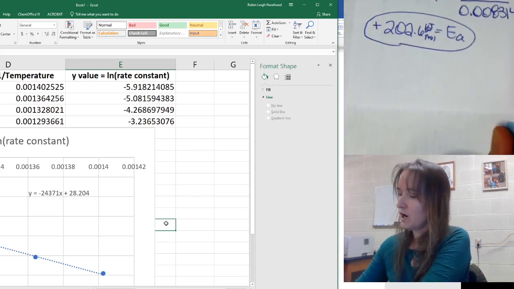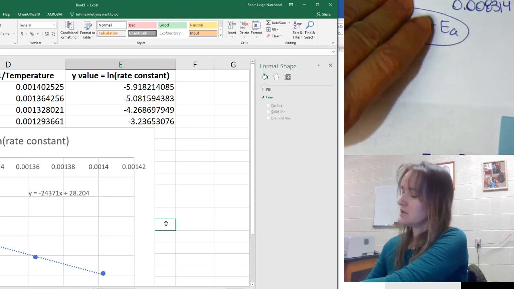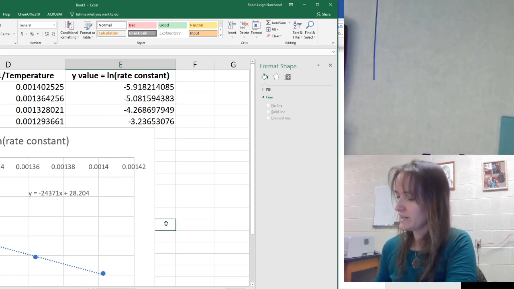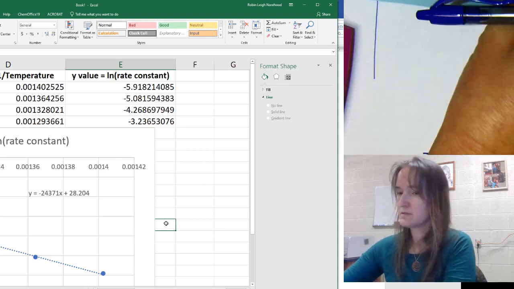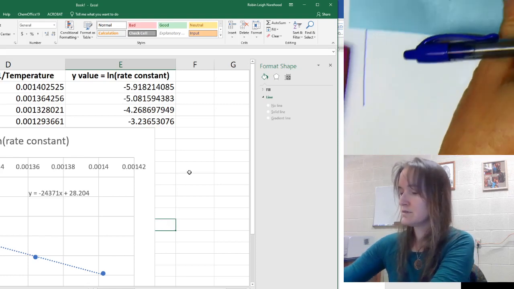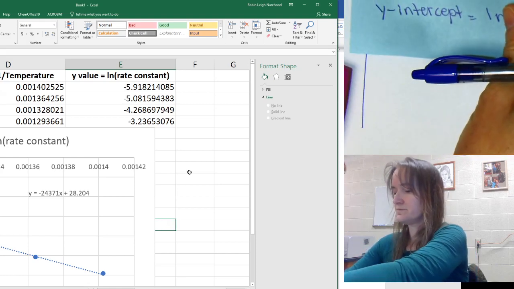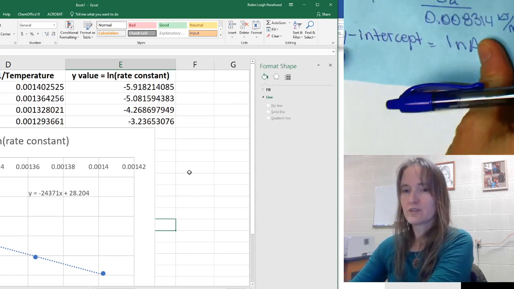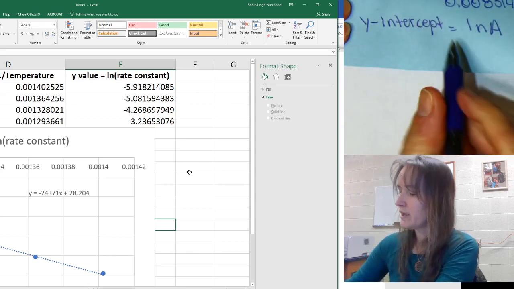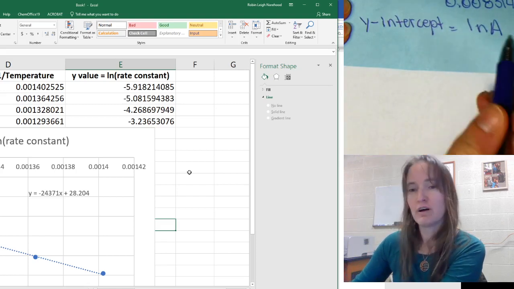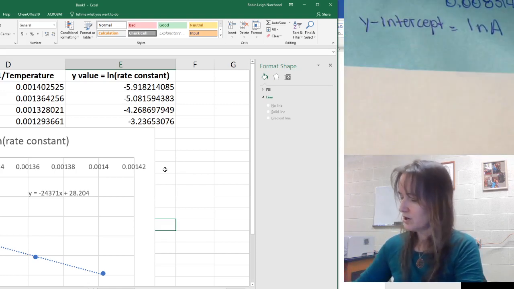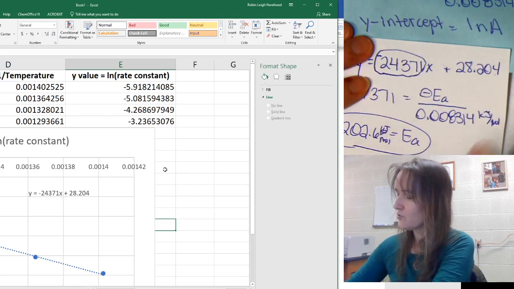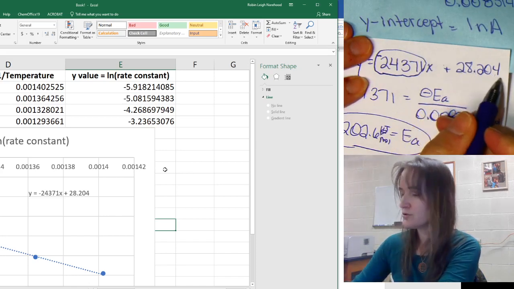Then you are also going to take the y-intercept value and set it equal to the natural log of A. So our y-intercept was this 28.204.